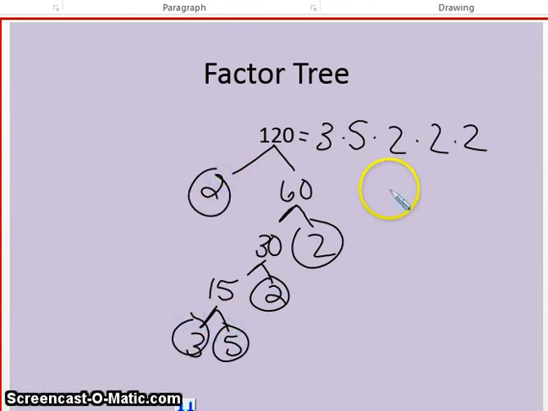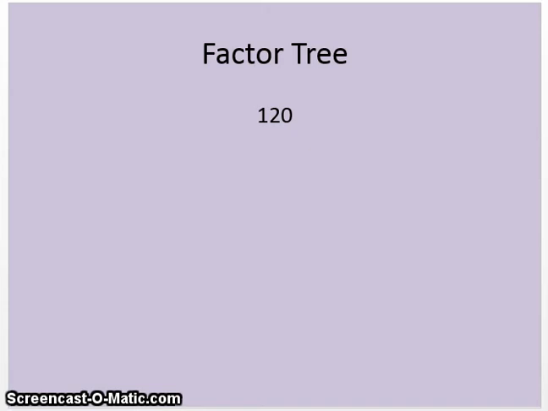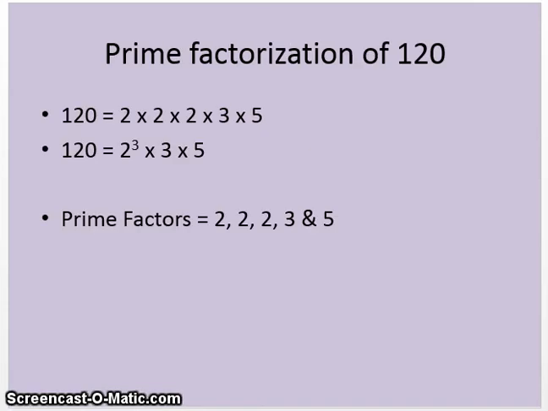Or I can even rewrite that as 3 times 5 times 2 to the third power, because I'm multiplying 2 three times. So again, our prime factors are 2, 2, 2, 3, and 5.